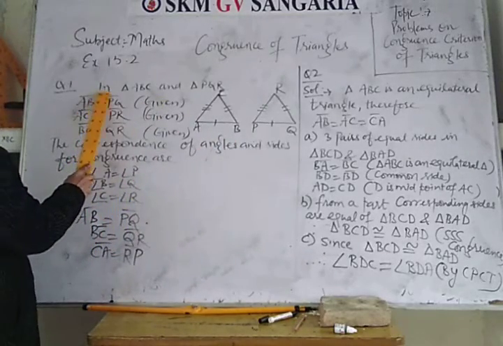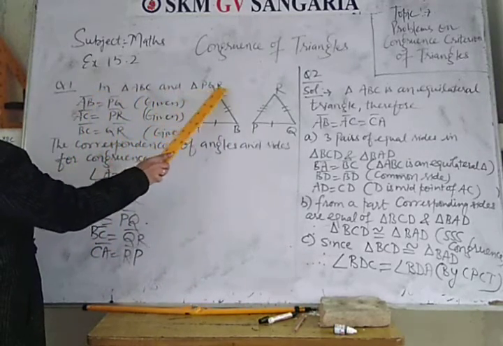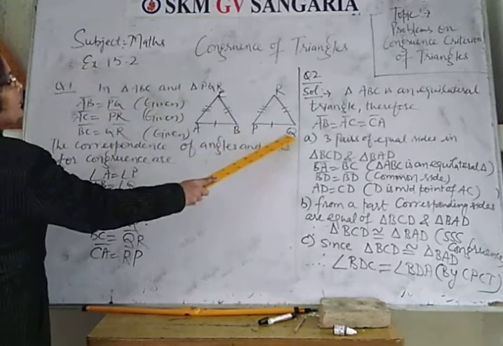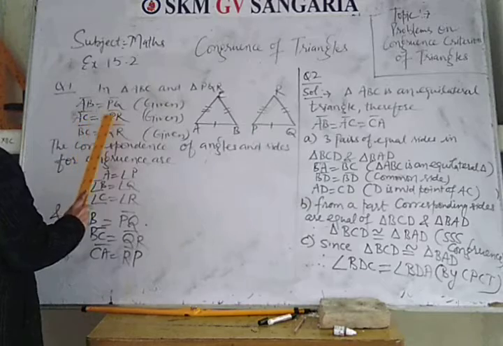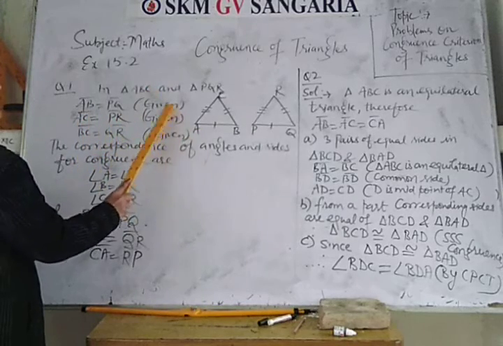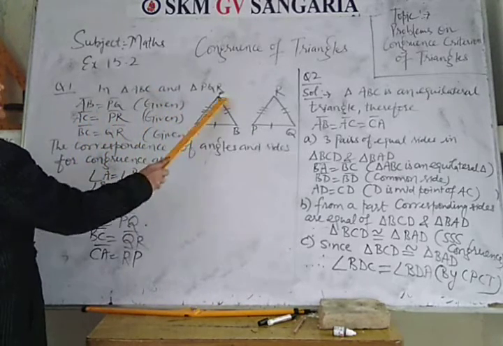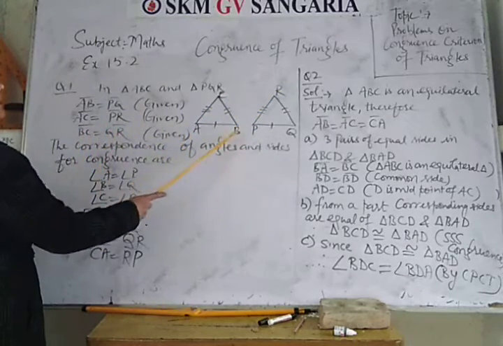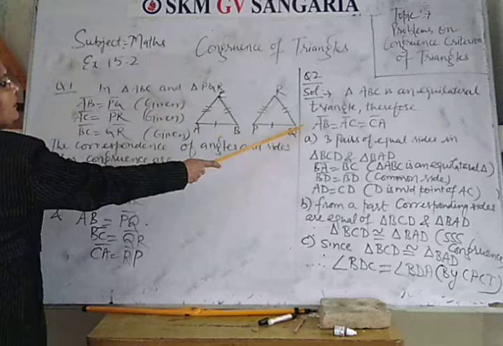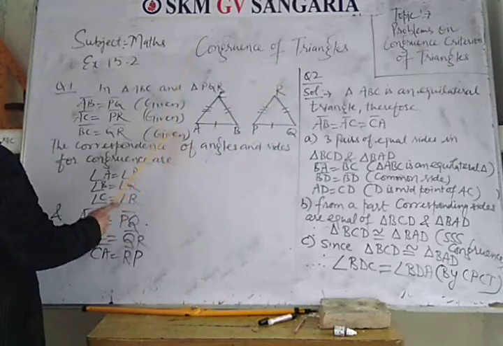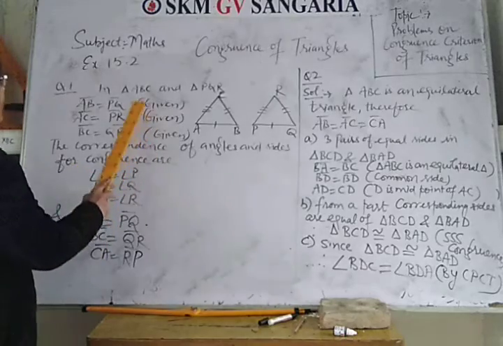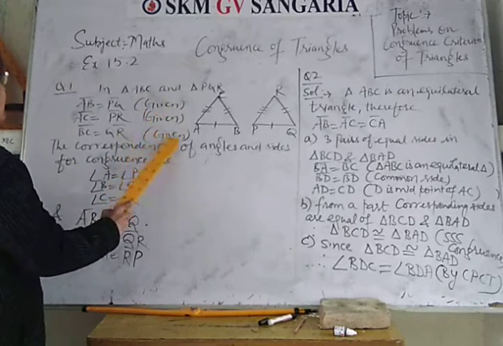So we are given in triangle ABC and triangle PQR, AB is equal to PQ, AC is equal to PR, then BC is equal to QR. All these equal sides are given. You will write inside the bracket, these are given.